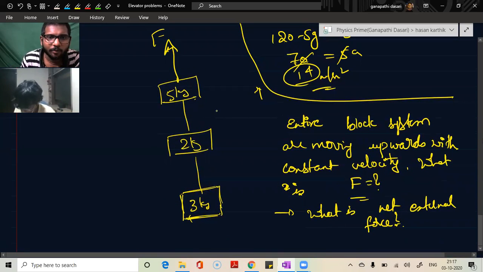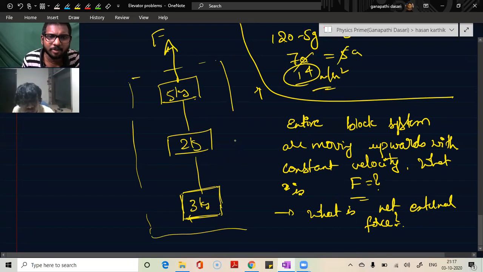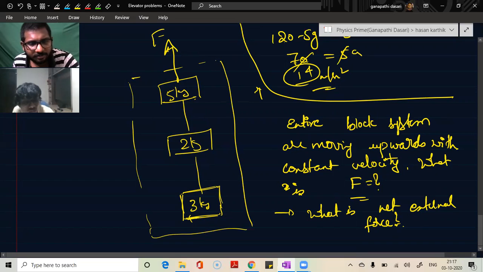First, what is a simple case? If I consider this entire system, entire blocks to be in one system, because they're all going upwards only, all motion can be described in one way.